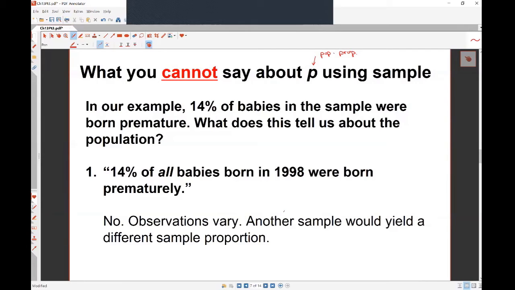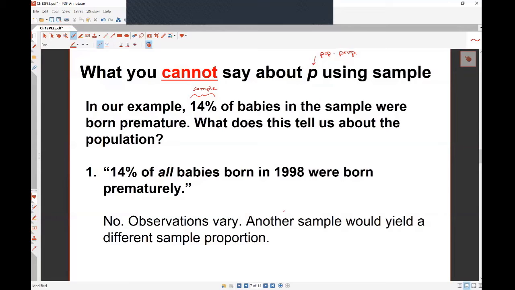So what does this sample quantity tell us about the population? Well, the first thing that would be very wrong to say is that because the sample proportion is 14%, that means 14% of all babies are born premature.